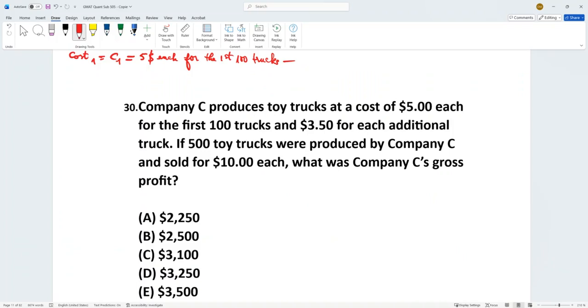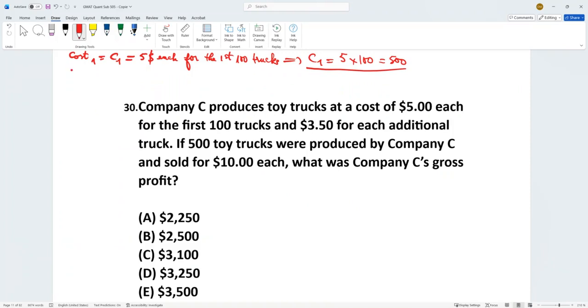Okay, so that will lead us to say C1 is equal to $5 times 100. This is 500, okay? Even though by reading just the first sentence we don't have that information, we are just anticipating.